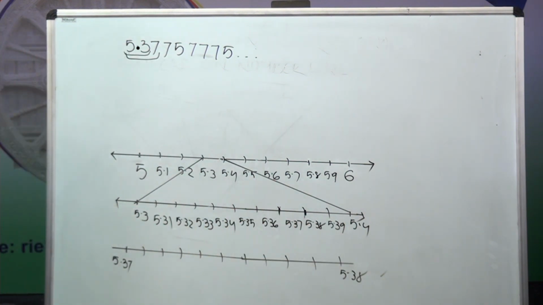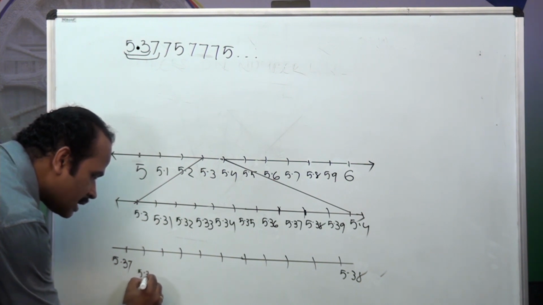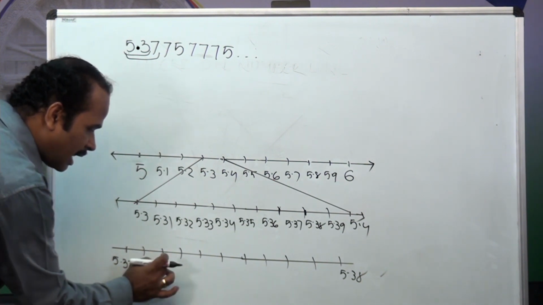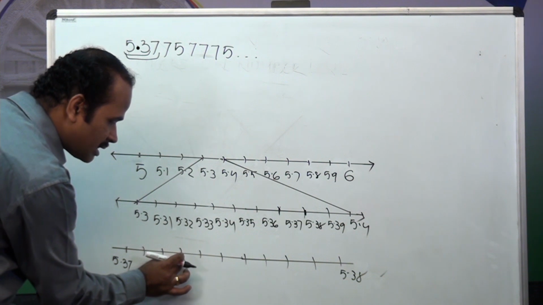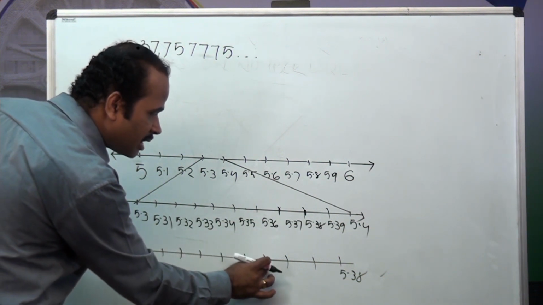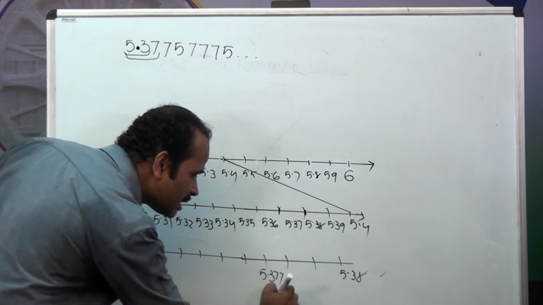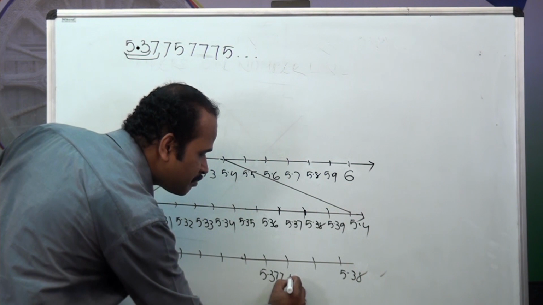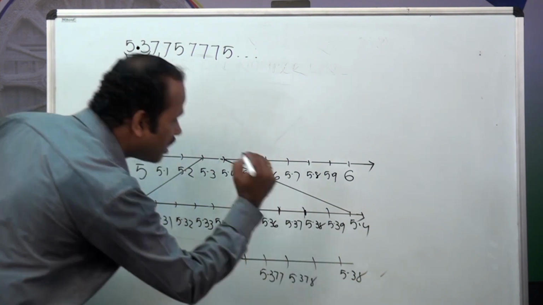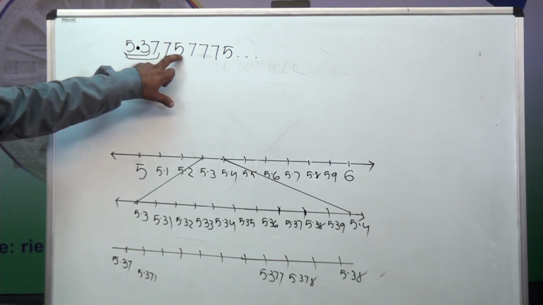Now look here. This number I have selected is 5.371. Similarly, 5.372, 373, 374, 375, 376, 377. Now this point represents 5.377. And the next point is 5.378. Now you can see our number 5.3775.